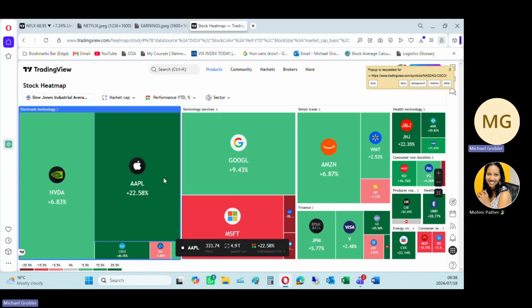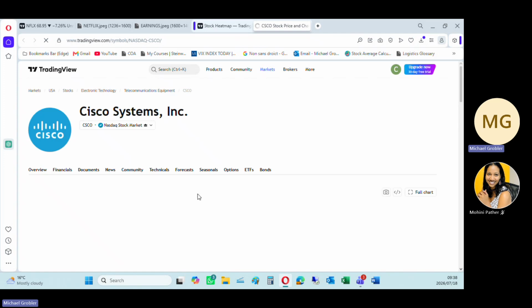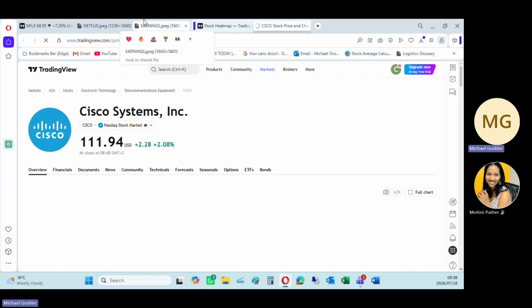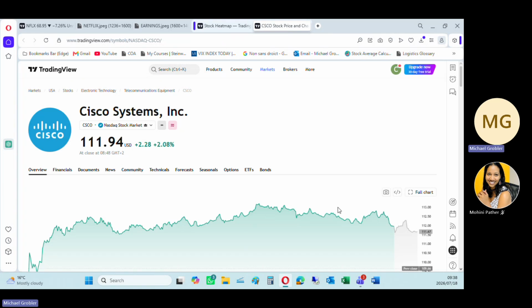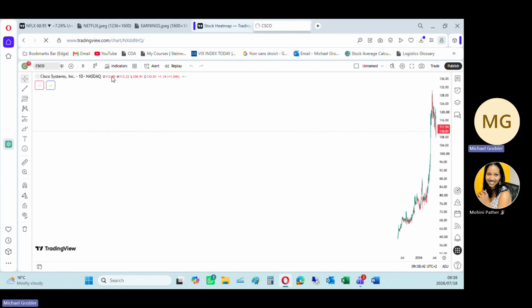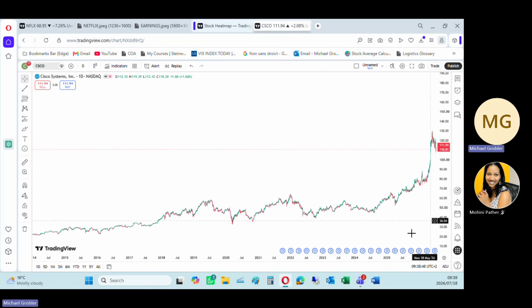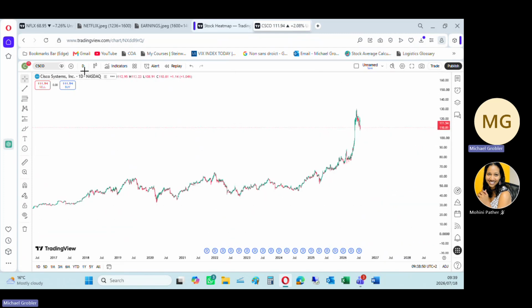Depends on the day who makes it into the Dow, and those companies are, in this case, it's Cisco. So Cisco's had quite a decent time this year, being in the information technology industry. Look at these movements. It's been pretty unbelievable if you think about it.